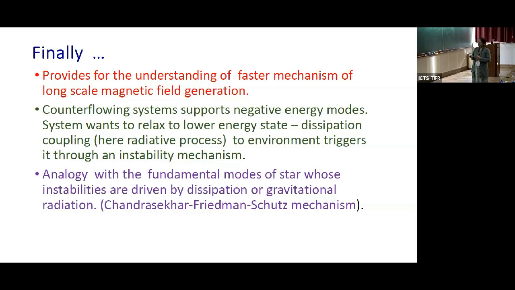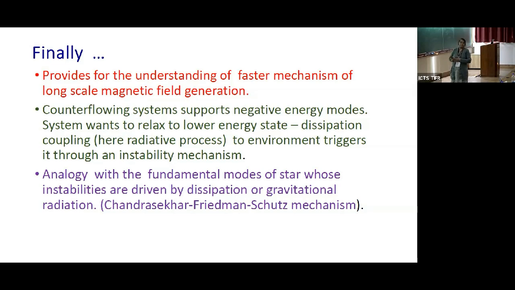Counter streaming, as I said, involves negative energy modes, and it brought my interest to an analogy with the fundamental modes of a star whose instabilities are driven by dissipation through gravitational radiation.